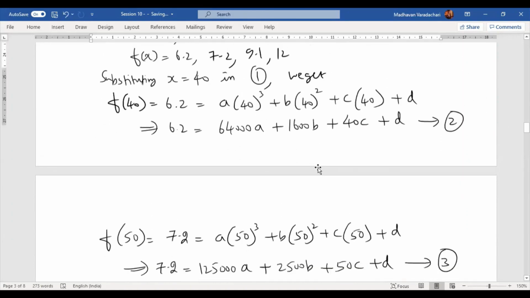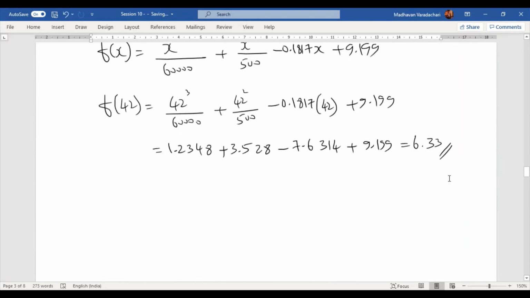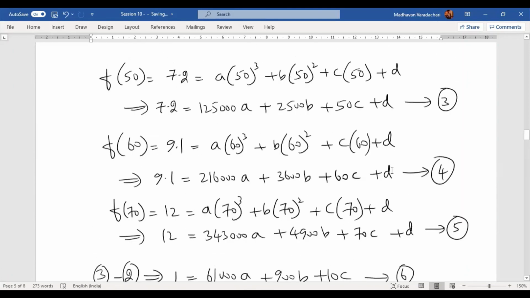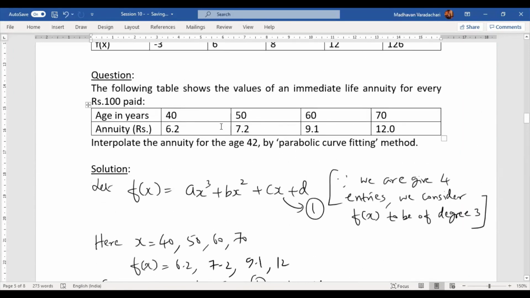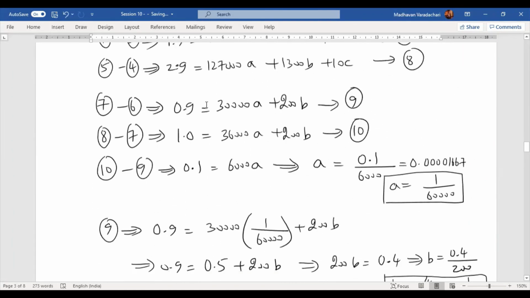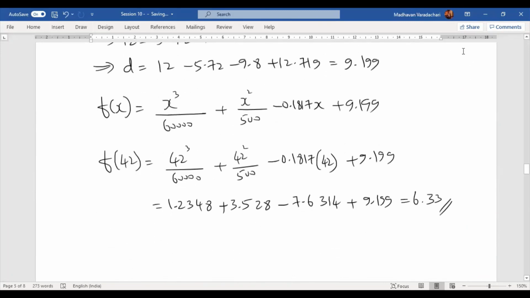So I think we are in the right path because we got the value as 6.33, which is nearer to 6.2, and definitely it is between 6.2 and 7.2. So that is the way you interpolate by fitting a polynomial curve. You actually fitted a polynomial curve. So that gives you the value of f of 42, right?